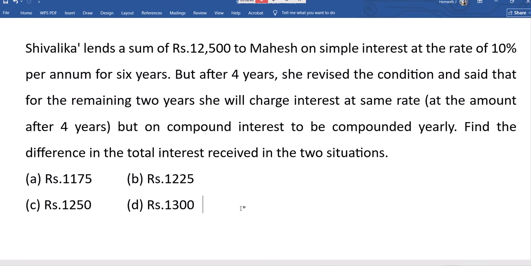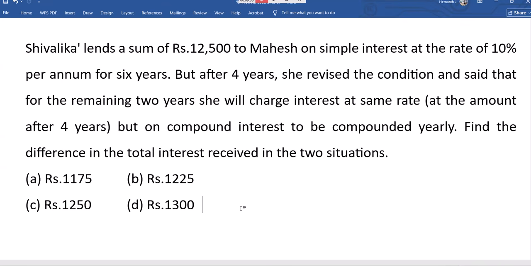First situation is you are giving entire 6 years, 10% simple interest. That's situation 1. Situation 2 is first 4 years, simple interest, next 2 years, compound interest. In these two situations, what is the interest you are getting?